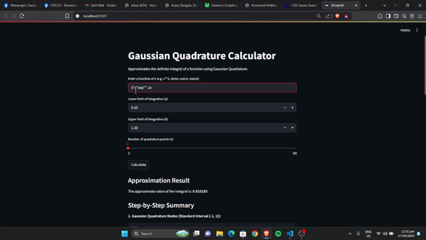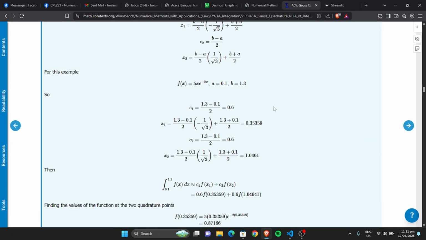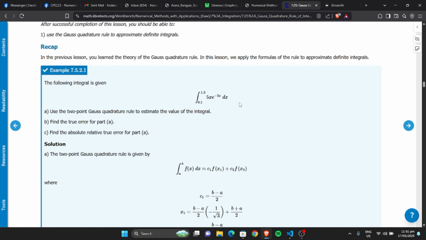So 5x e raised to the power of -2x with the lower limit of integration a of 0.1 and the upper limit 1.3, based on this problem. We are expected to use the 2-point Gauss quadrature and estimate the value of the integral.